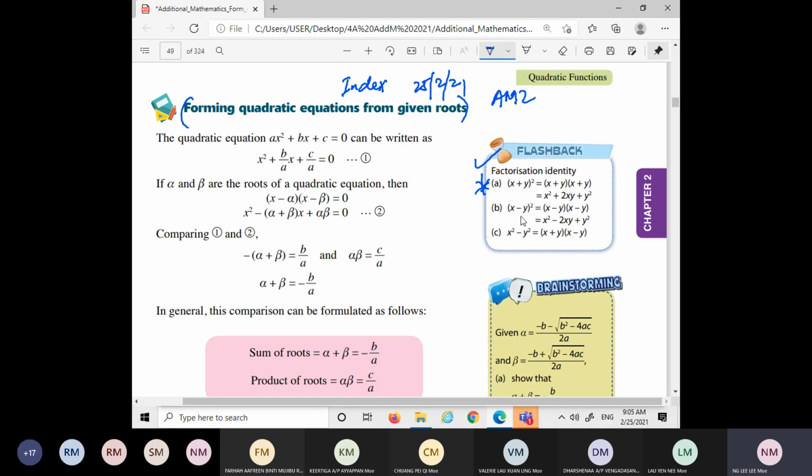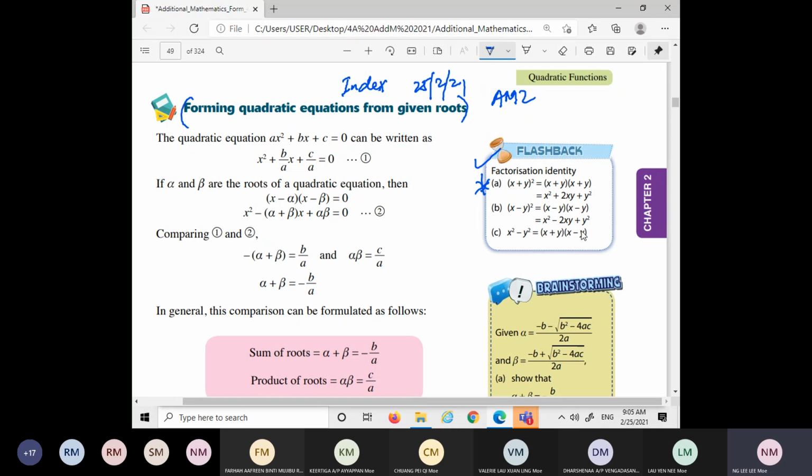X minus y whole thing squared, then you get this. And then this one, x squared minus y squared is equal to x plus y and x minus y. This one I think you learned before. Last time maybe you learned a squared minus b squared is equal to a plus b, a minus b.